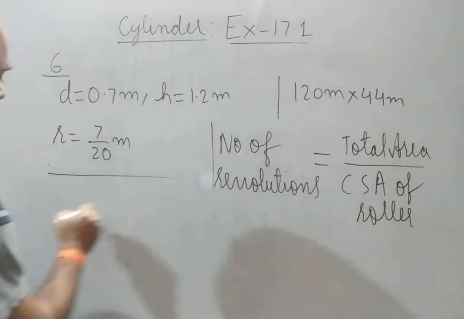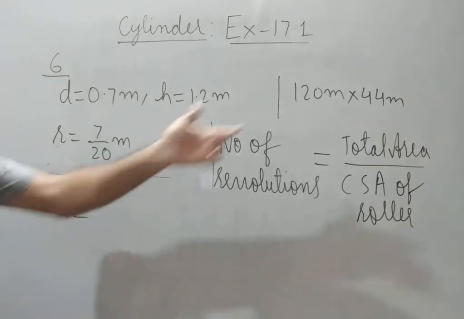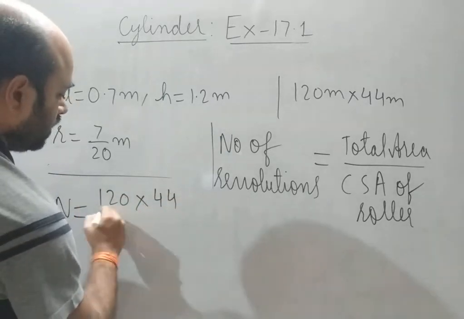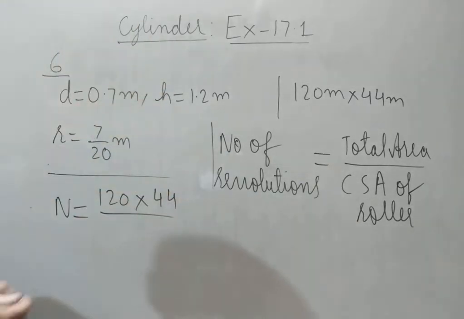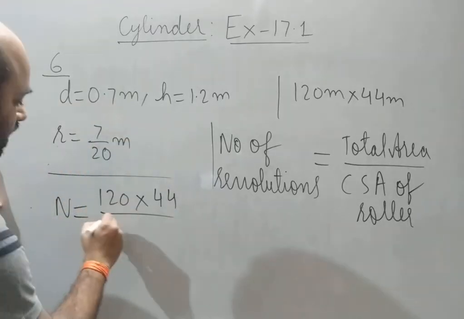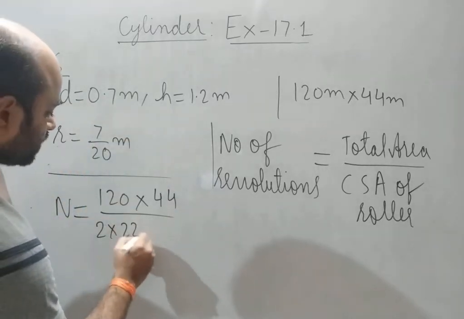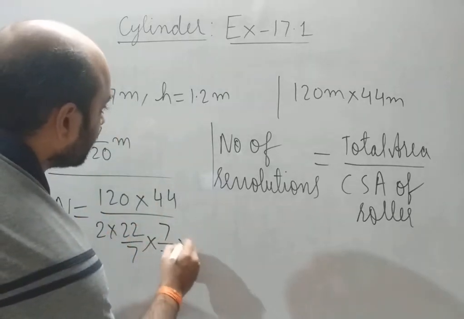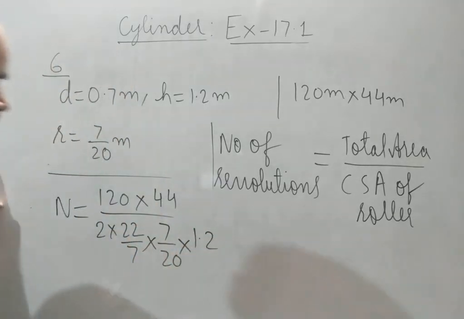So n will be, total area is 120 into 44. All units are same, no problem. And curved surface area means 2 pi r h, pi is 22 by 7, r is 7 by 20, and height is 1.2.